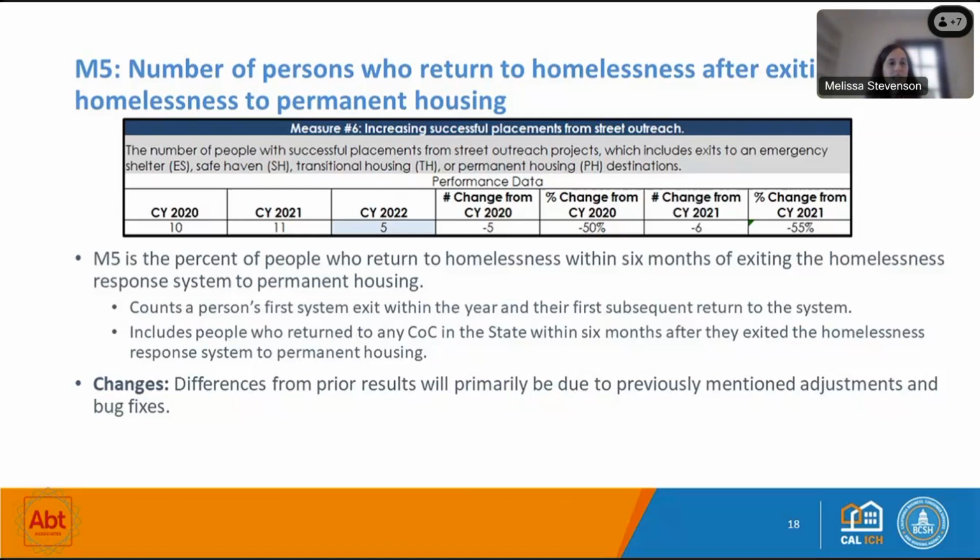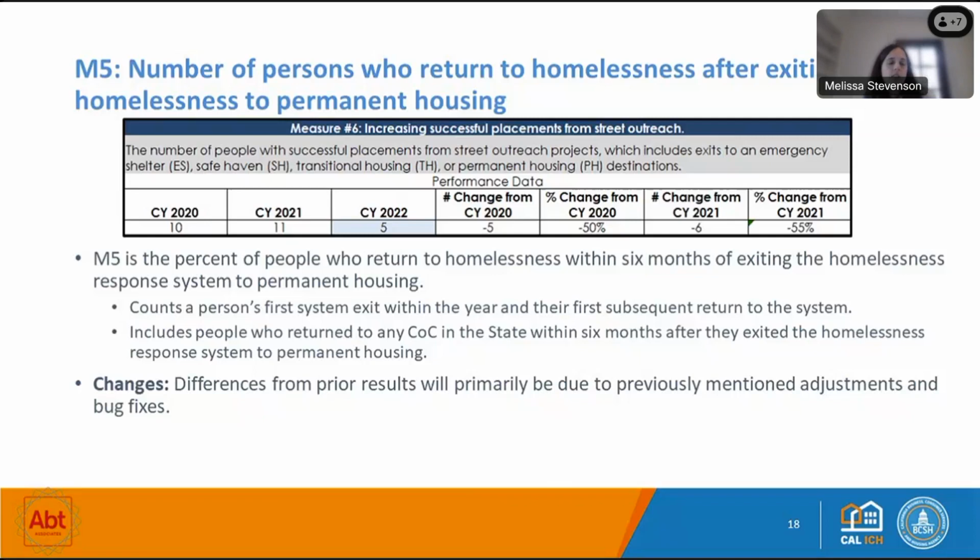Measure 5 is the percent of people who return to homelessness within 6 months of exiting the homelessness response system to permanent housing. So it's a percentage, it's a rate, it's the return rate, based on the people who return 6 months after their exit. So we're just looking at that 6-month rate for the top line measure.